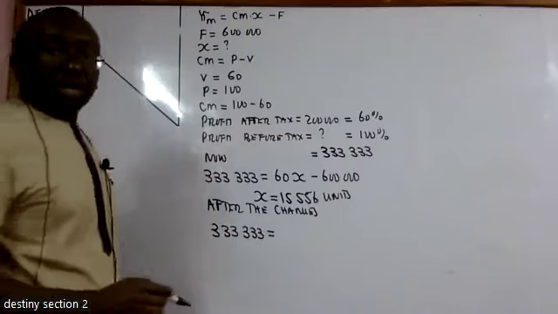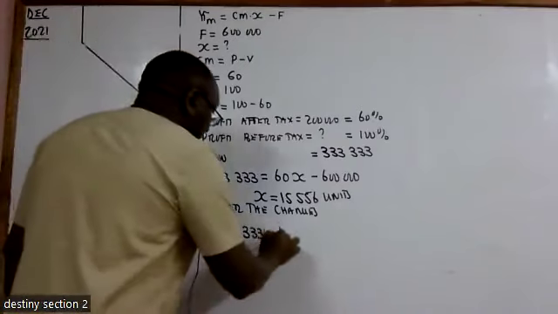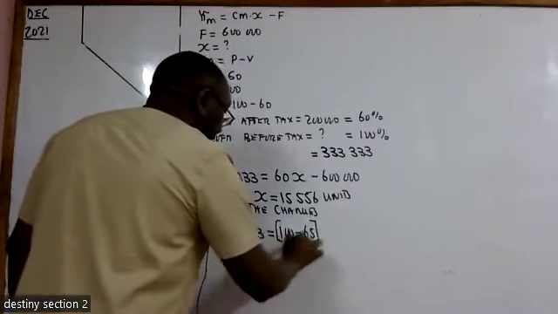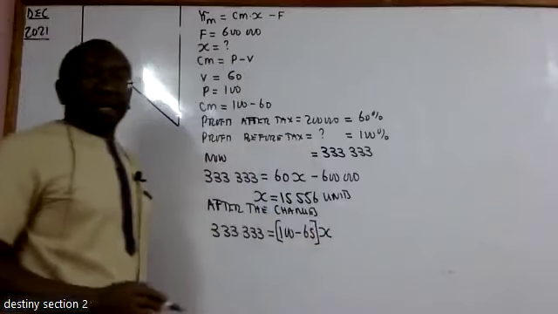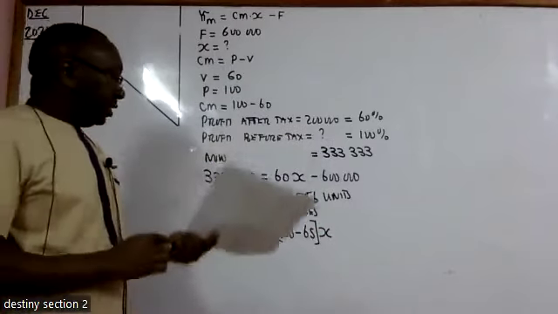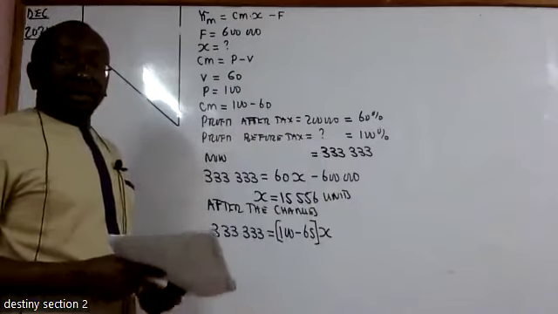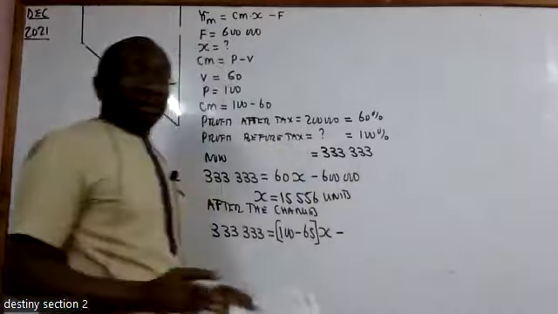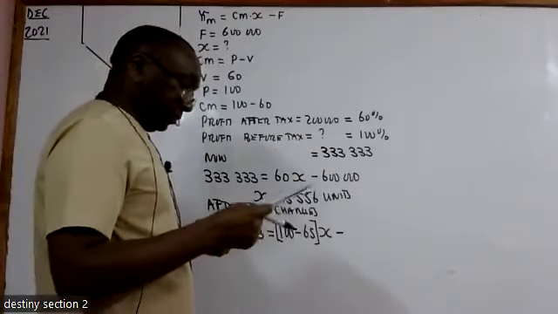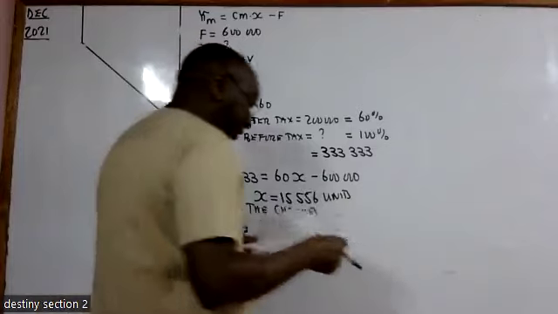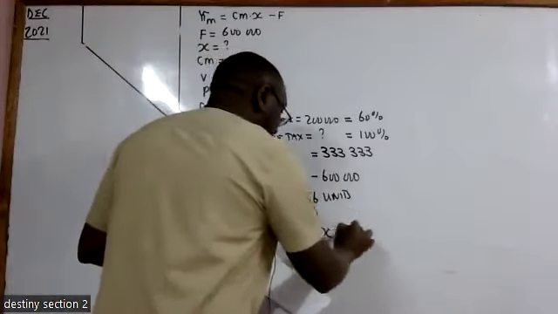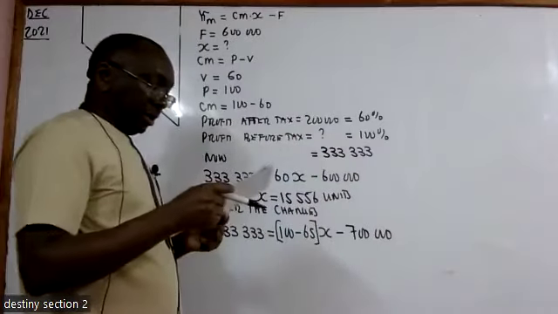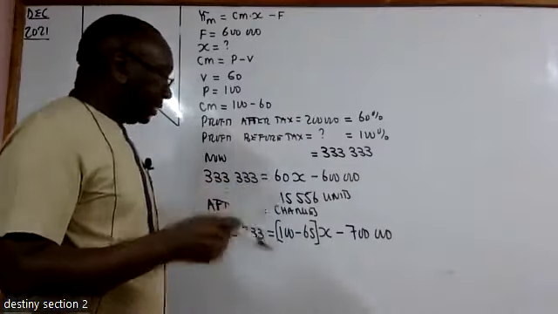But our contribution now will not be 60, but it will be 100 minus 65, multiplied by the number of units, because the variable cost has gone up. Then we minus the fixed cost, which has gone up also. Maybe we have added people's salaries, or the landlord has added rent. So you raise it to 700.